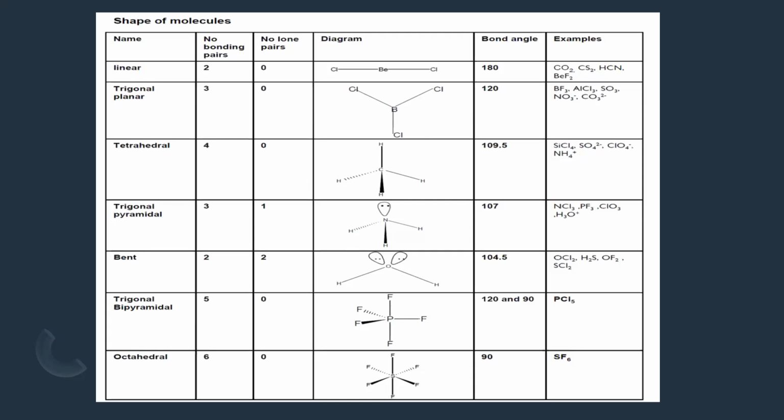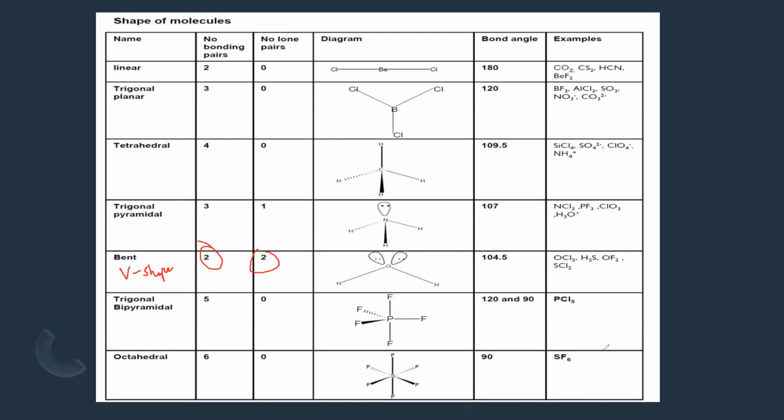Then if it has 2 bond pairs and 2 lone pairs, then we call that structure bent or V shape. You can say bent also, or you can use the term V shape. But the condition is there should be 2 bond pairs and 2 lone pairs. So an example is the normal structure of water, H2O.